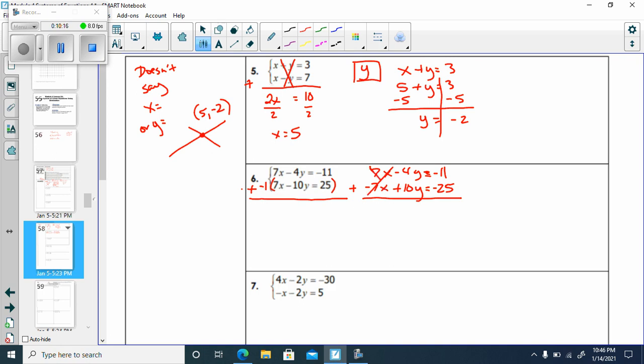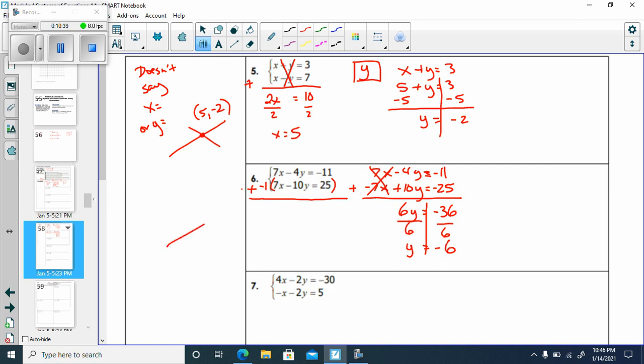So this is gone. Negative 4y plus 10y would give you 6y. Negative 11 plus negative 25 would be negative 36. And to solve for y, I divide both sides by 6, and y is equal to negative 6.